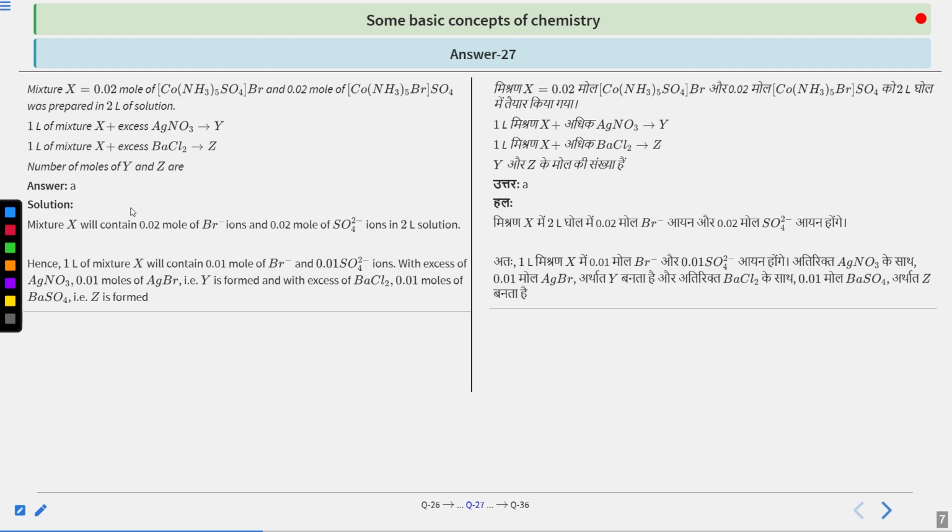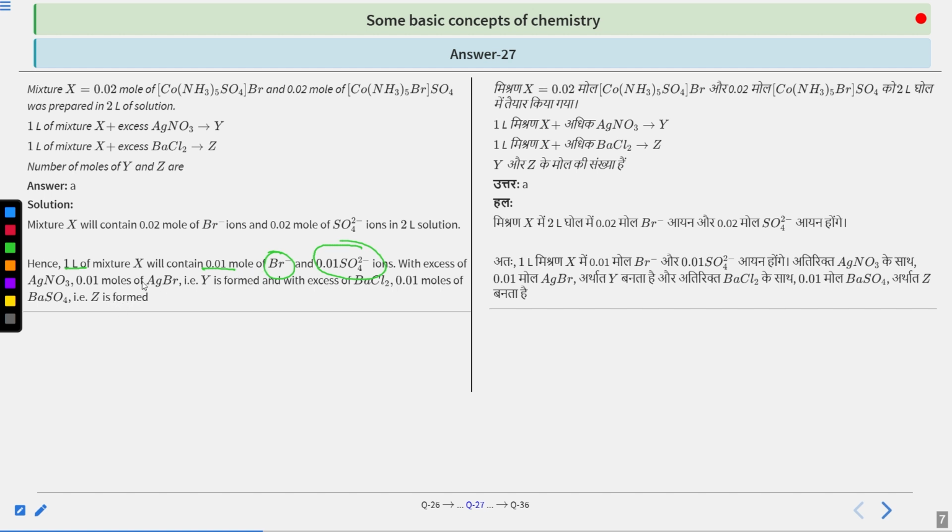Now the thing I mentioned earlier is also being said here: this 1 liter of mixture will contain 0.01 of this anion and 0.01 of the other anion. So they have taken the ideal case, the obvious one. Now if we treat the first with excess AgNO3, then of course we will get AgBr as the precipitate.